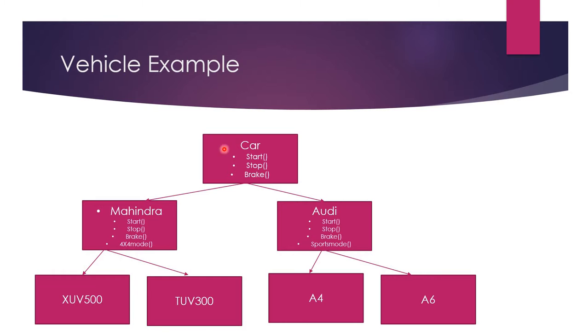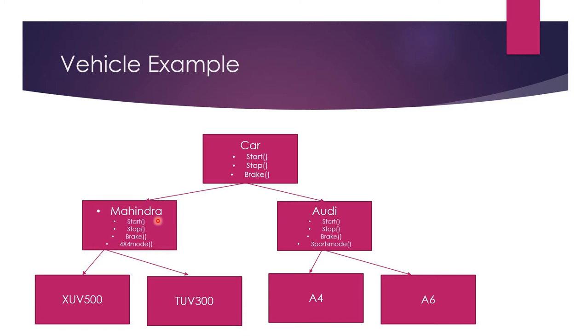So from this car base class or car parent class, we can actually have two subclasses. One of them is Mahindra, which is the base class for all Mahindra cars. And similarly, we can have a base class Audi, which denotes all Audi cars, guys.